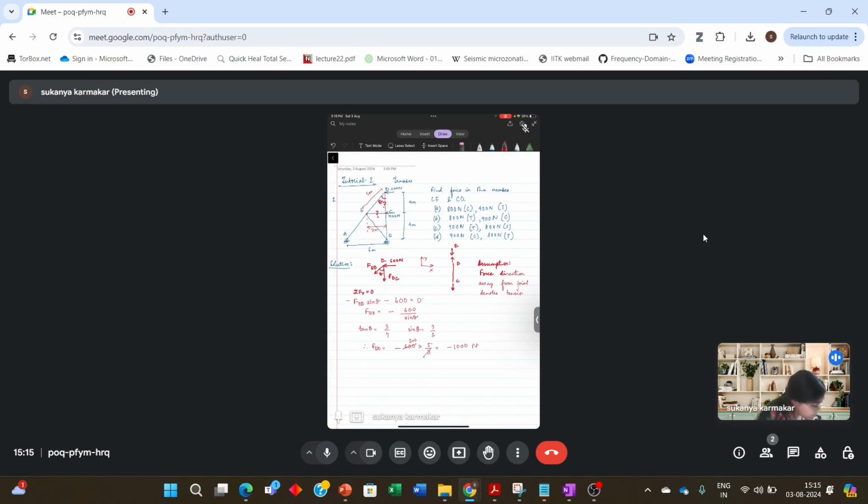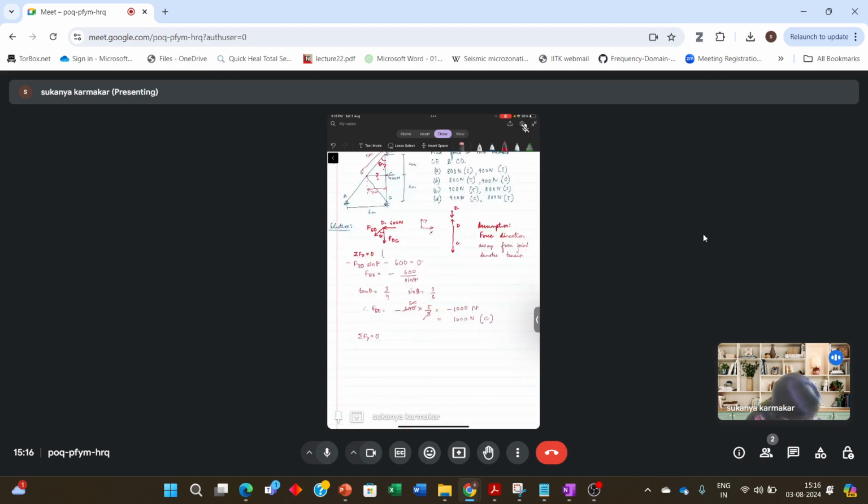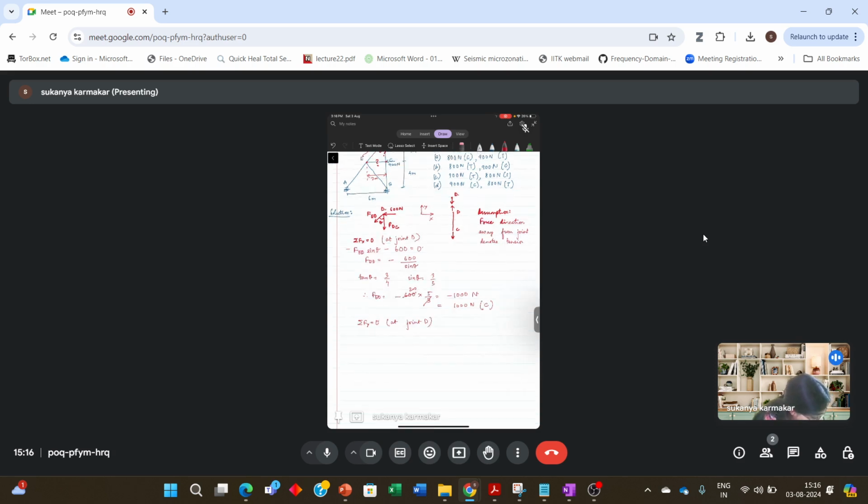And minus denotes 1,000 Newton is in compression. Then using summation of Fy is equal to 0, similarly at joint D, you do summation of Fy is equal to 0.